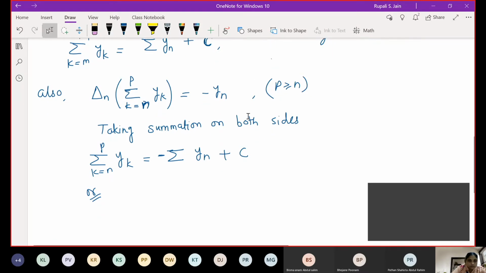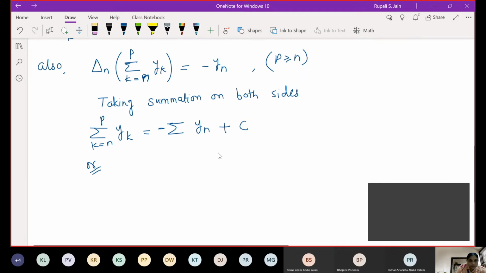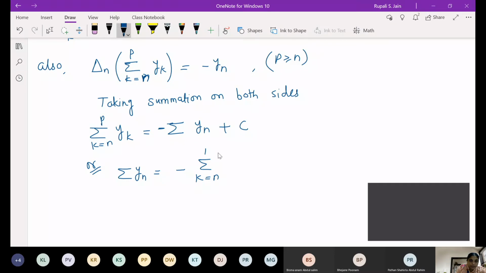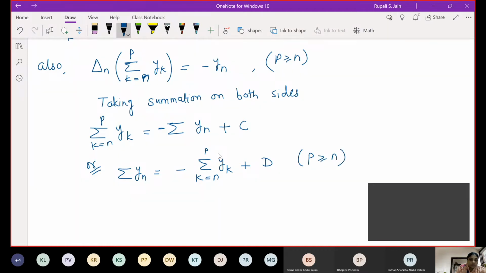From here I can write, first I will write this one: the summation yn is minus the summation k is equal to n to p of yk plus some constant d, where p is greater than or equal to n. Is that okay?